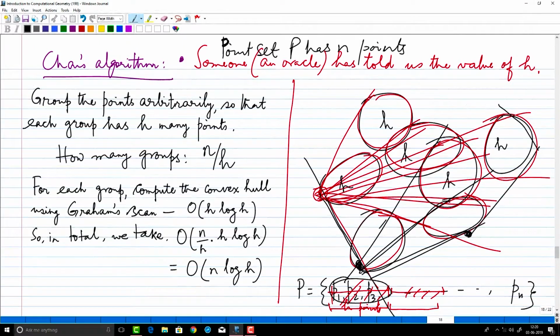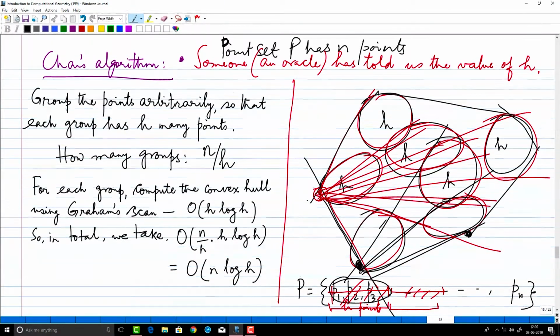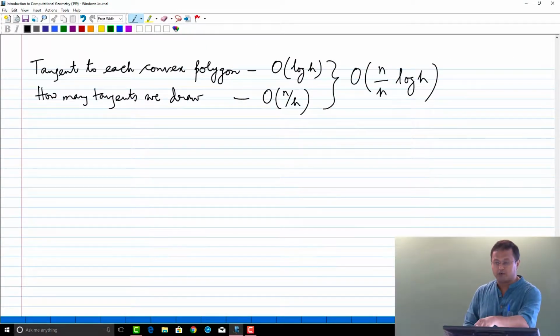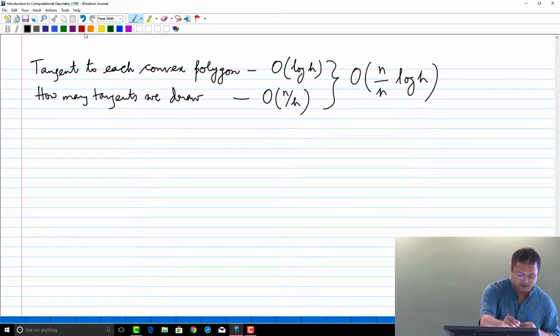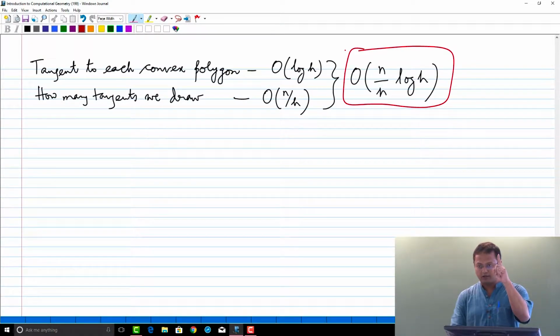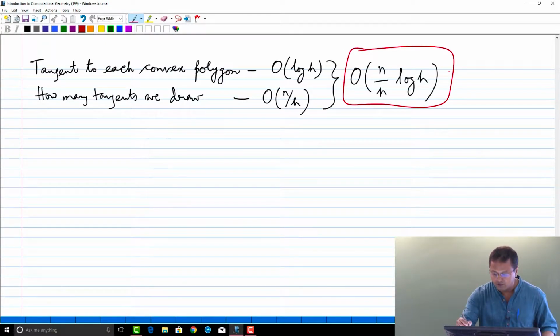Now, you keep doing this. How many times do you need to do it? H times. Now, let us go back to that computation. This complexity was for one drawing, and you know that there are h points on the hull. So, you multiply this with h.